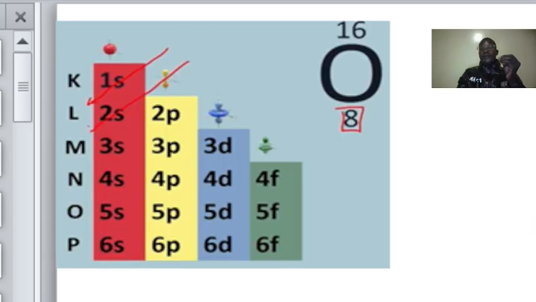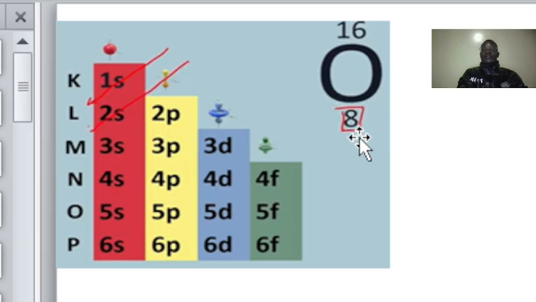Now you can maybe take an example of oxygen 16. Oxygen 16 has an atomic number of 8, and this is stable, it's not an isotope yet. This clearly shows us that it has 8 electrons.